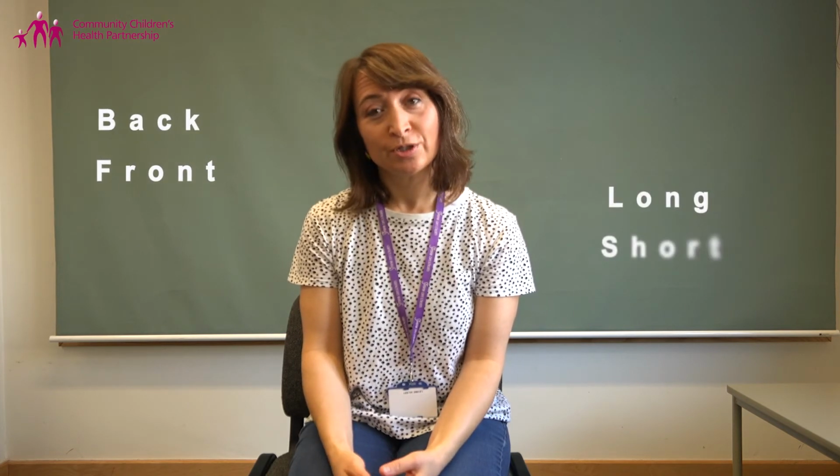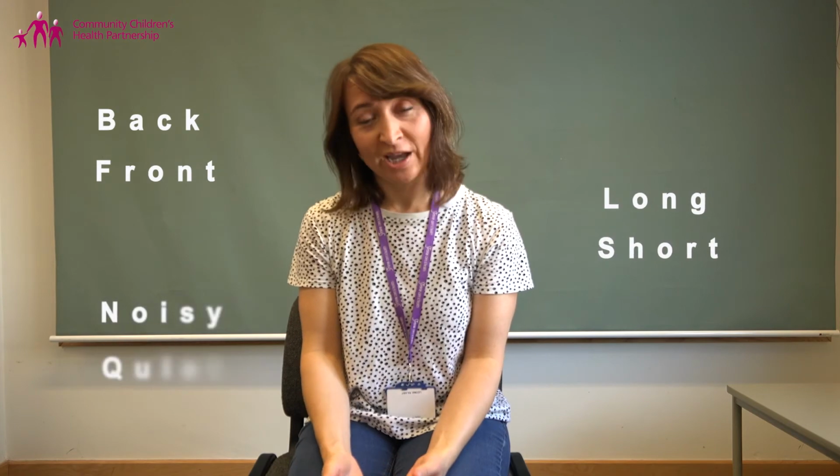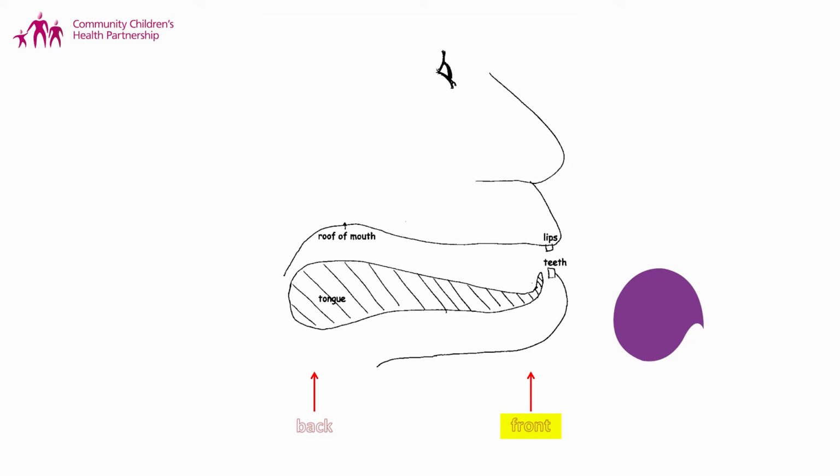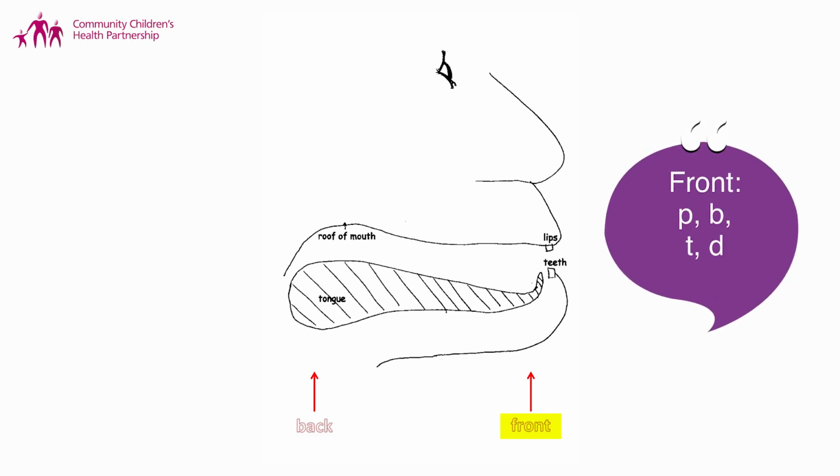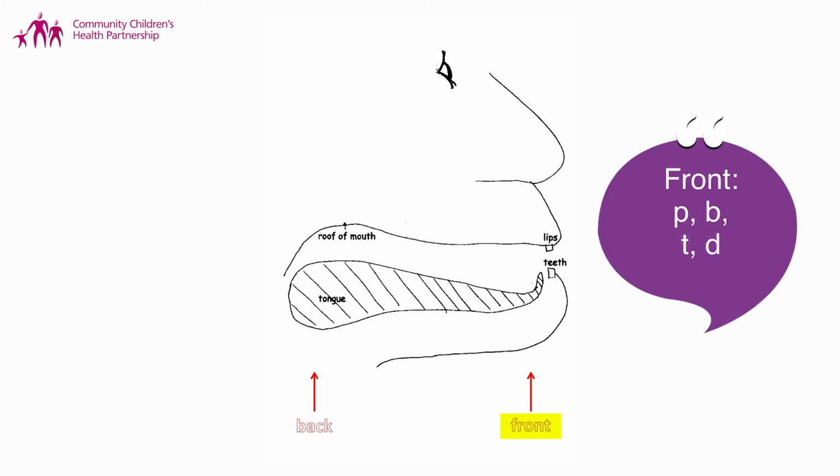We often describe speech sounds in 3 different ways: back or front, long or short, noisy or quiet. Some sounds are made at the front of the mouth, like p or b or t or d.